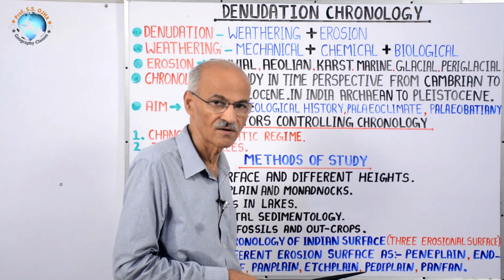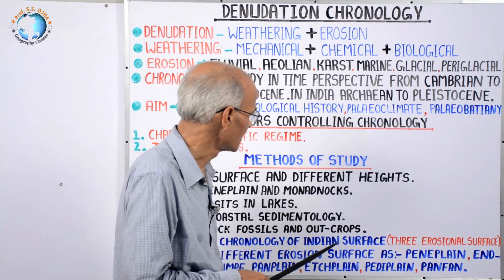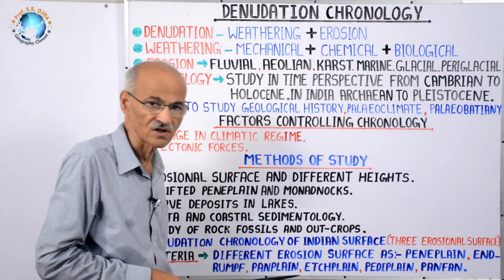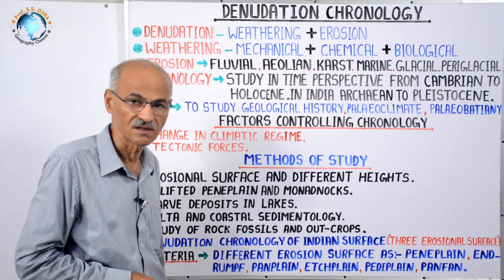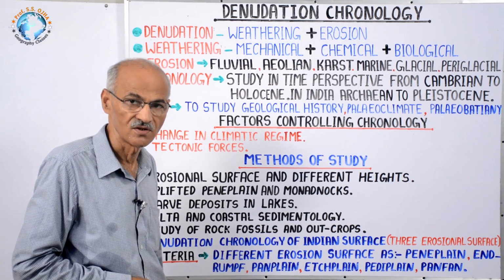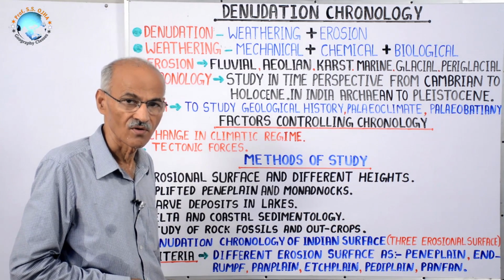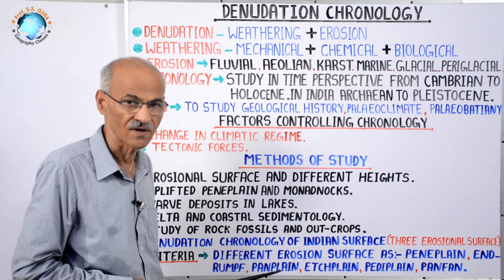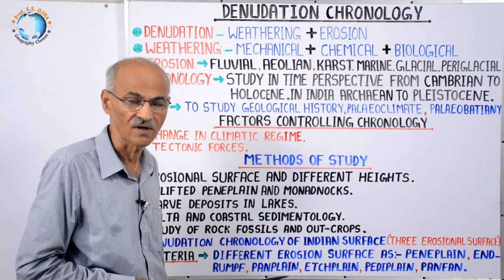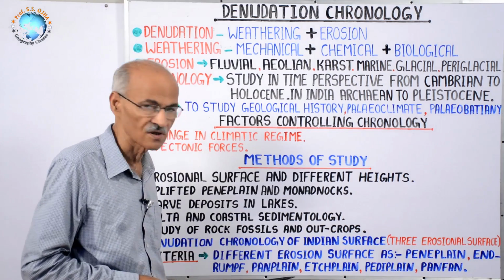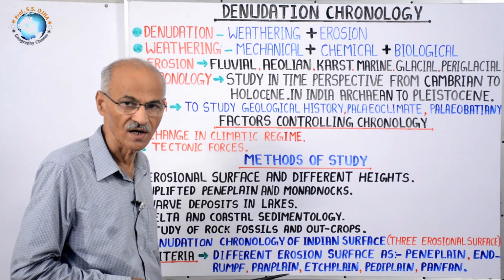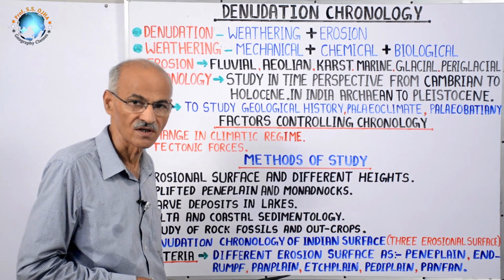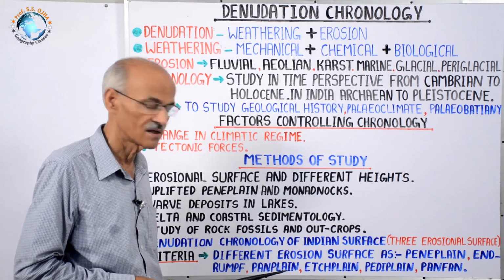Denudation processes are working, but they have no long history. But here in the peninsular region, there are 3 erosional surfaces, as we have discussed in the video on erosional surfaces. Number 1, 900 meter, 600 meter and 300 meter respectively from west to east, and these are from sea level. Thus, these 3 erosional surfaces reveal that the Indian plateau has undergone a number of climogenic and tectogenic forces. That's why this plateau has a very long history.